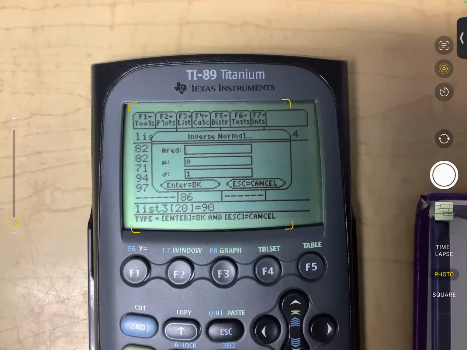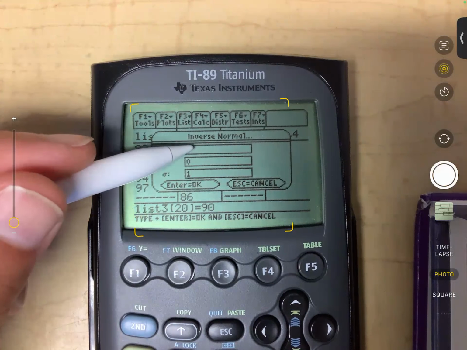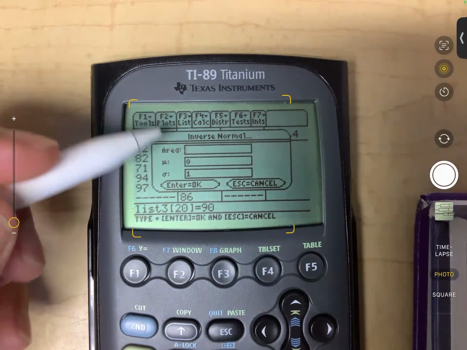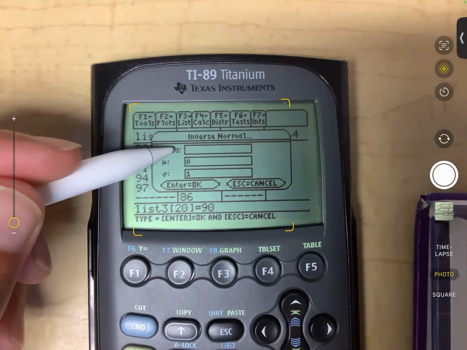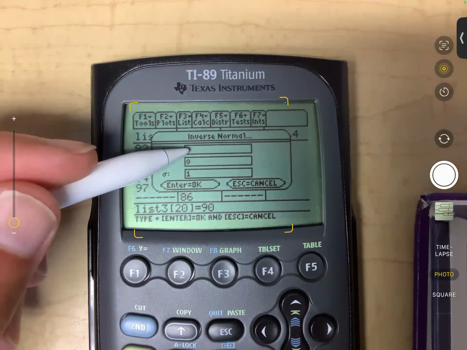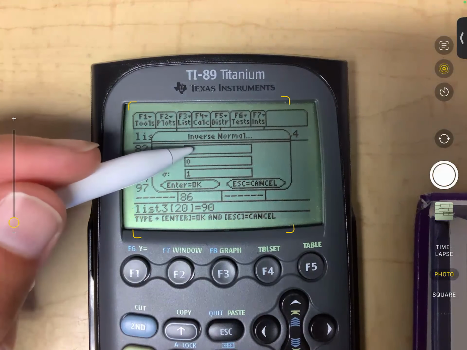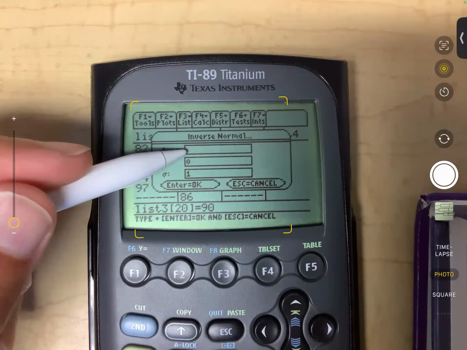And there are now 3 inputs required. First one says area. This can be confusing because what you have to put in here, the way it's programmed, it's similar to the paper table or the formula sheet table in that it wants an area below a location of interest. It doesn't say that here, but that's how it's programmed, which works out great for percentile.